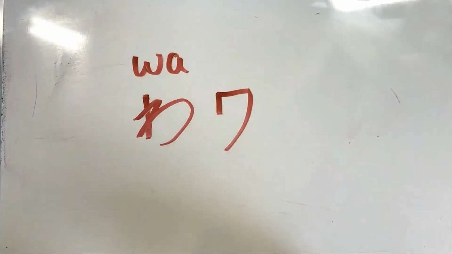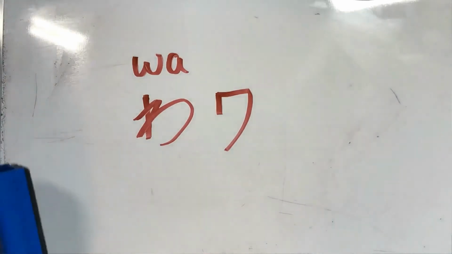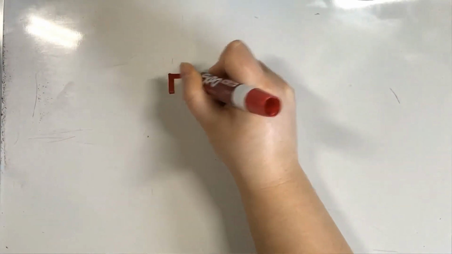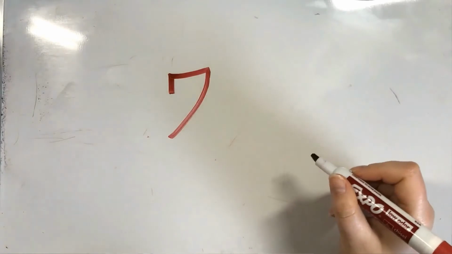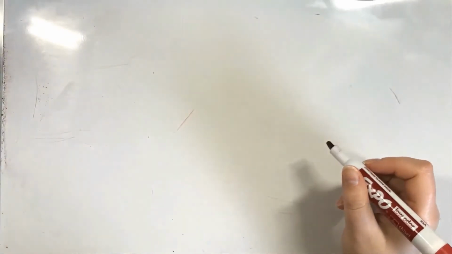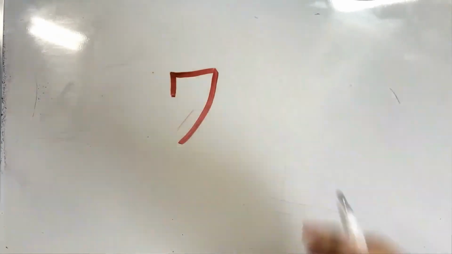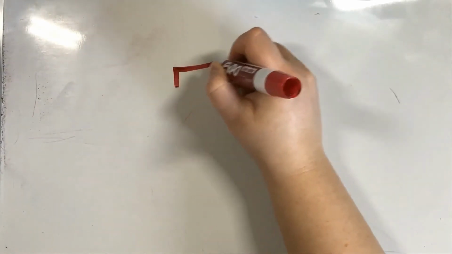So I'll show you the comparison between all of them and how they're similar in shape. So here is wa on its own. Small line going down, then across, and swoosh. Down, across, swoosh. Down, across, swoosh.